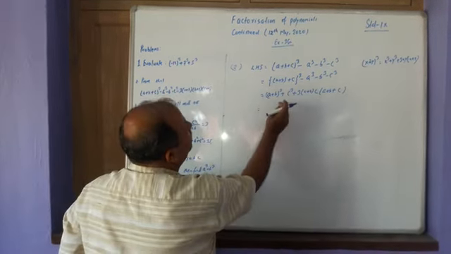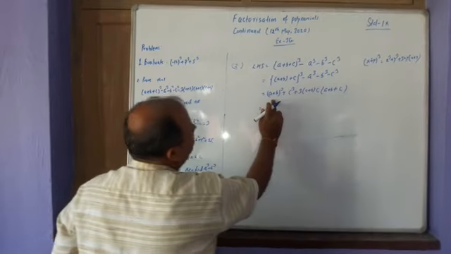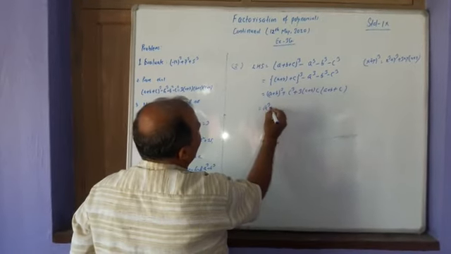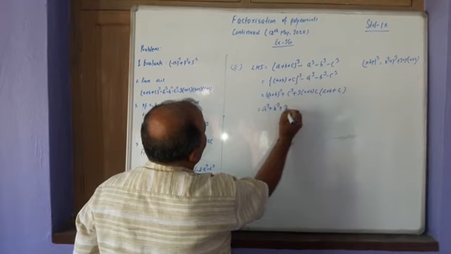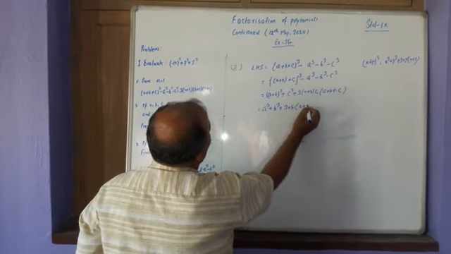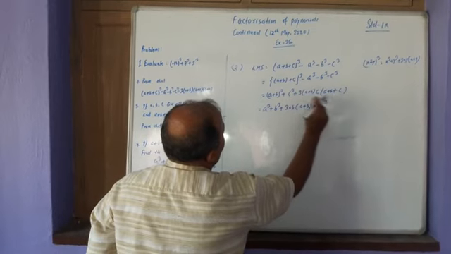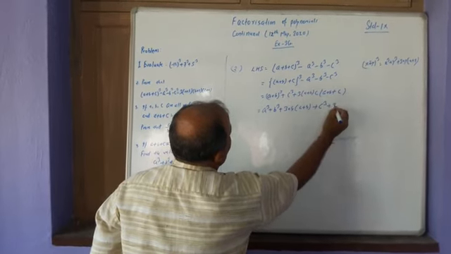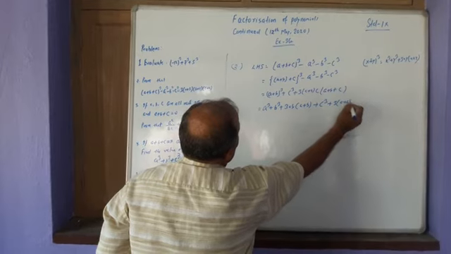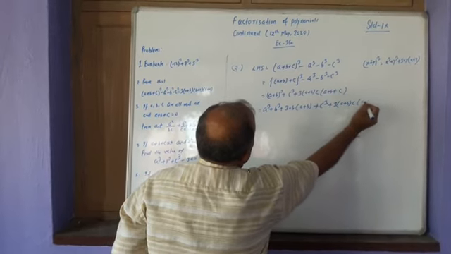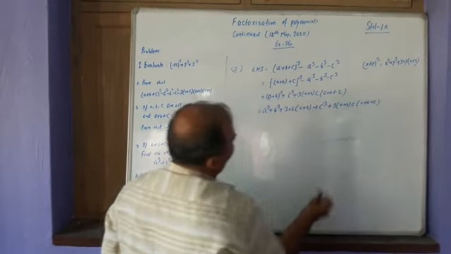It will be cube of a plus b plus cube of c plus 3 into a plus b into c into a plus b plus c. Now a plus b whole cube, we have to follow it. It will give a cube plus b cube plus 3ab into a plus b. This is c cube. This is plus 3 into a plus b into c into a plus b plus c.